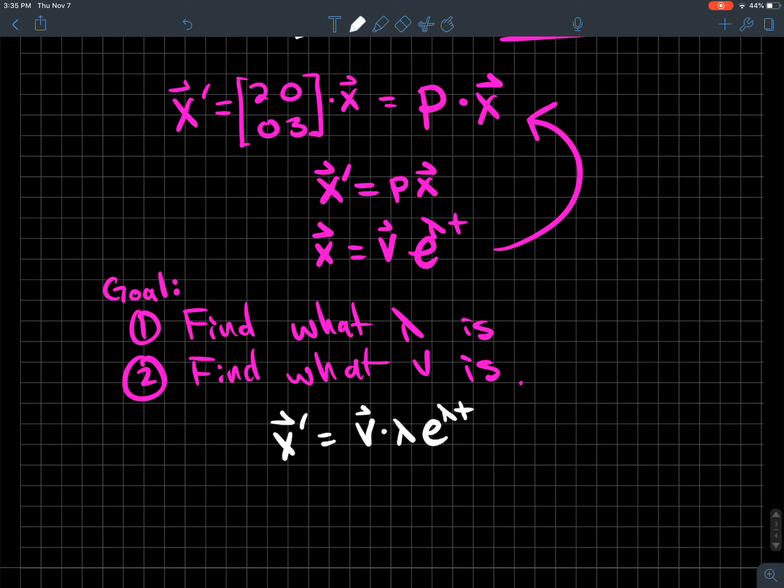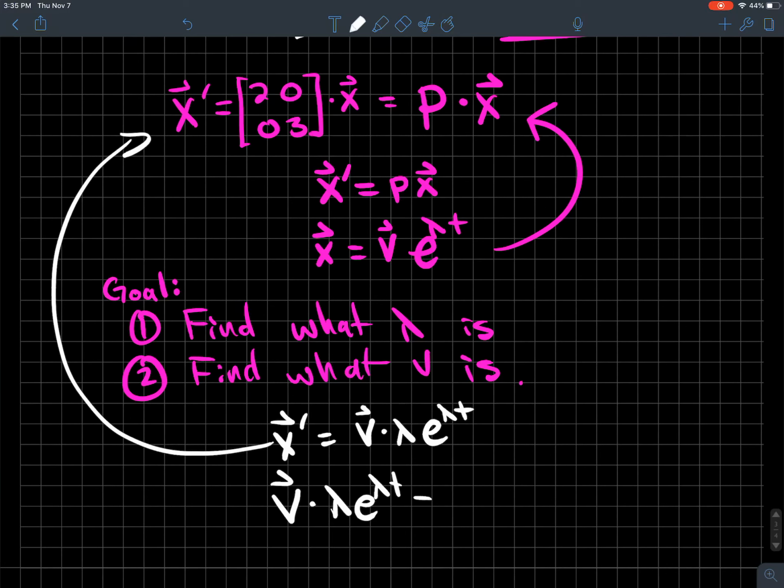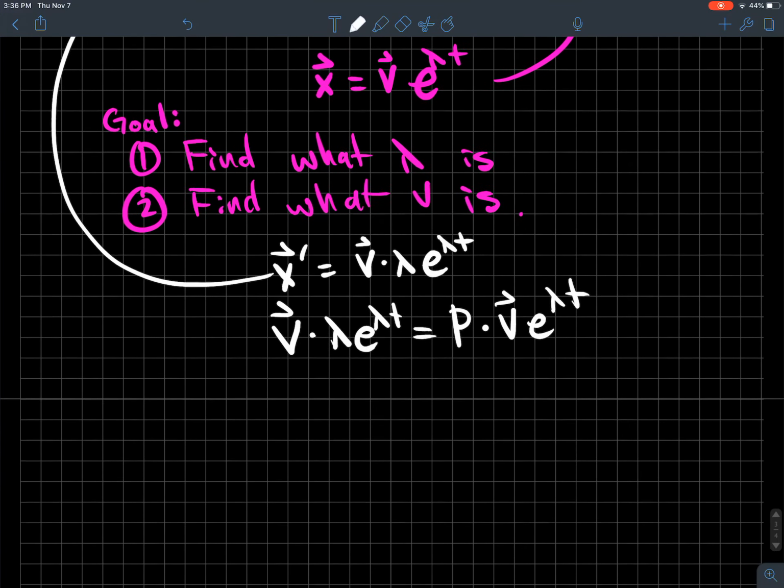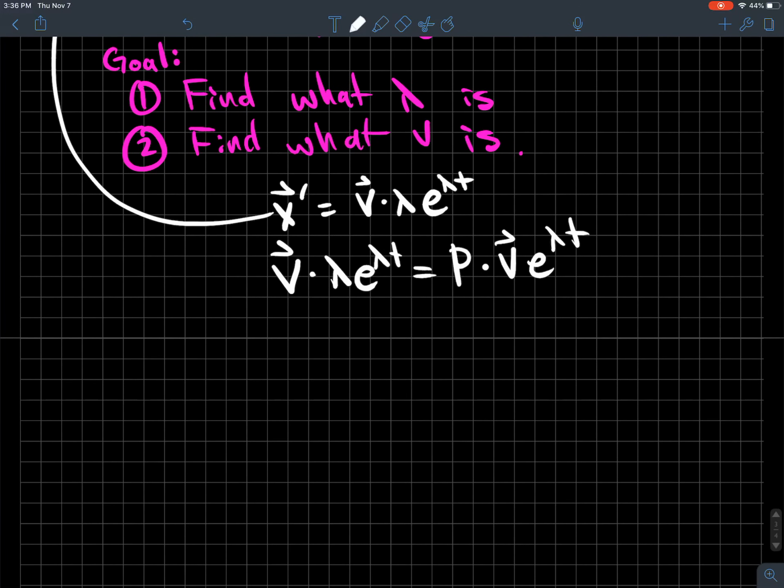So then we plug it in to the top here, and then we're going to get v times lambda e to the lambda t, and this is equal to p times v e to the lambda t. If you remember from last time, the next step was to divide out by e to the lambda t from both sides. If you do that, we're going to get v times lambda, which is equal to p times v.